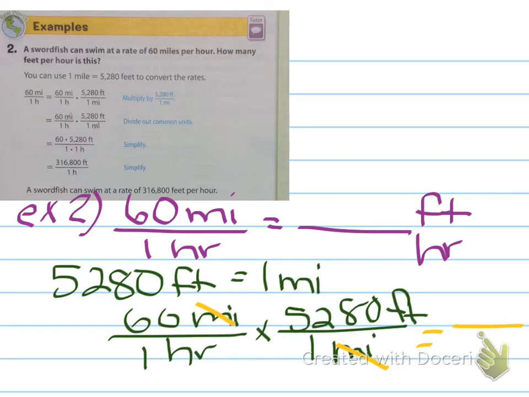So on the bottom, we're going to have our 1 hour, and on the top, it's 316,800 feet. So over here, our answer is 316,800 feet per hour. All right, the third example, example number 3.